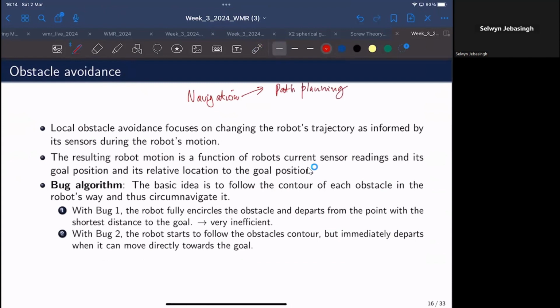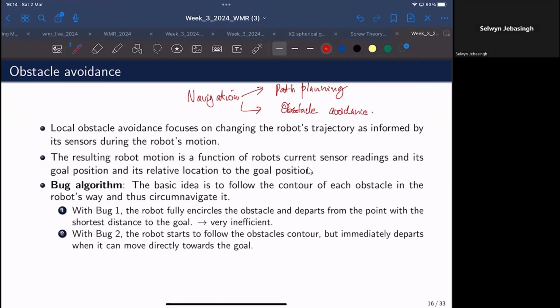Path planning included graph construction and graph search. All these things we have covered. And the second objective of navigation is obstacle avoidance. These were the two main objectives of navigation.